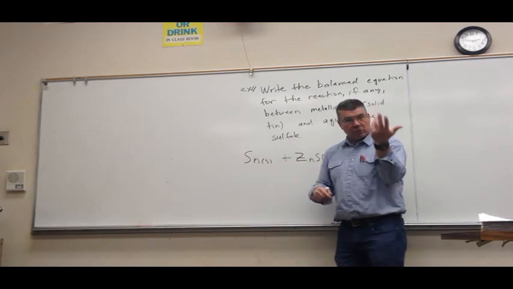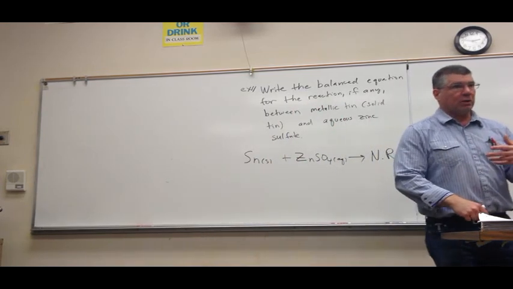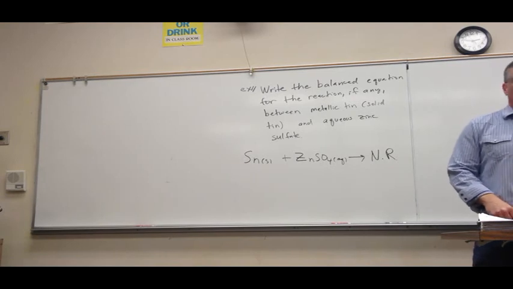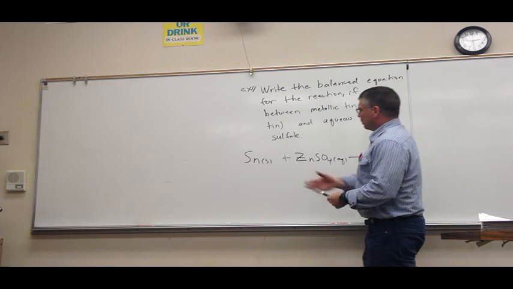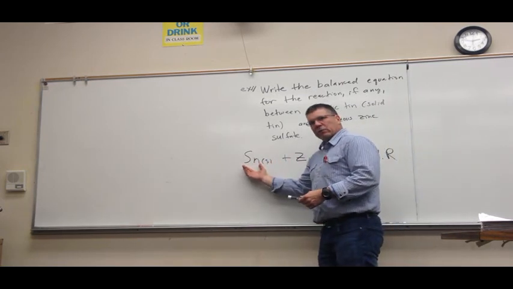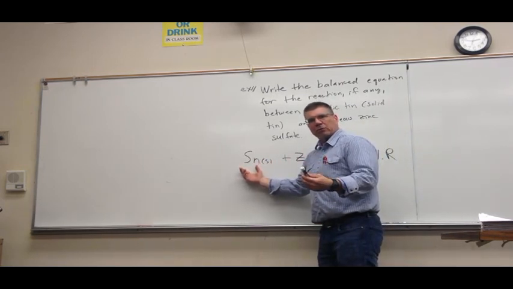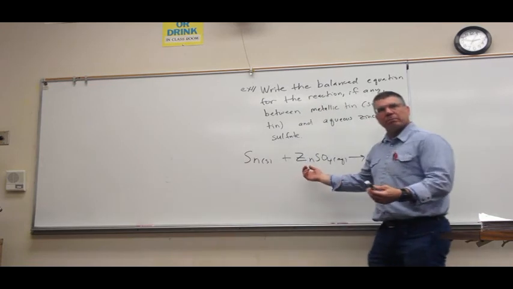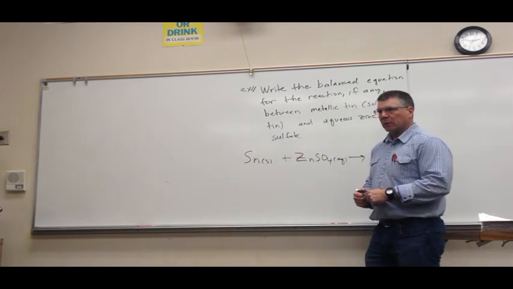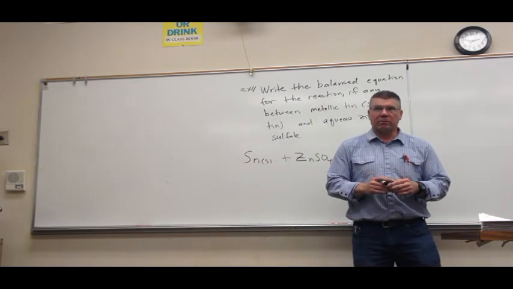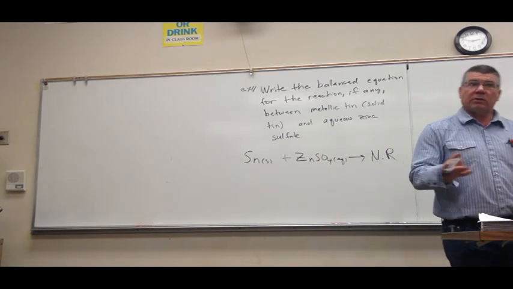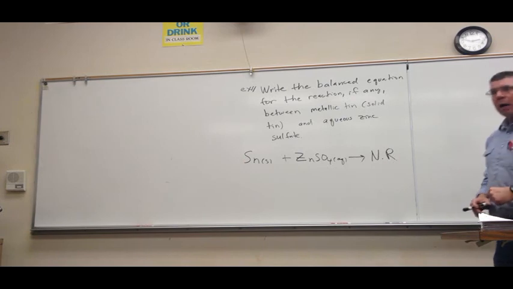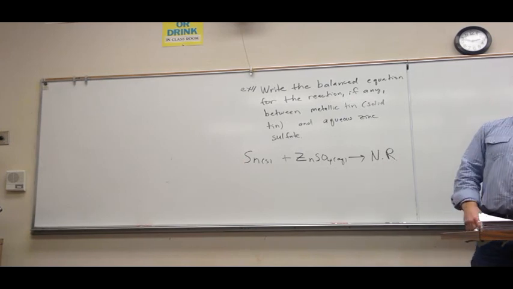So first of all, we predict that this single replacement reaction will not occur as written, and it won't. And we can think about that as the tin holds on to its electrons. It's more stable with those two electrons than the zinc would be. So it doesn't happen. You guys okay with that now? See how that works? So I'll give you the table, you just have to know how to use it. The opposite reaction though, you think that's going to happen?